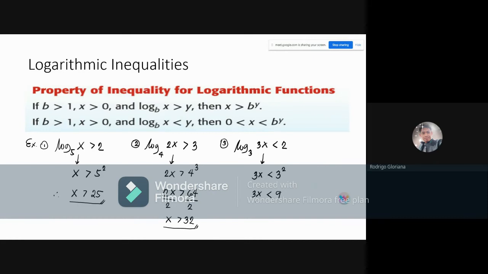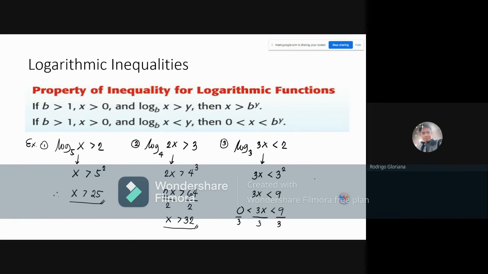So if we translate this, we have 3x greater than 0 but less than 9. At that point, we divide both sides by 3, since we are solving for x.